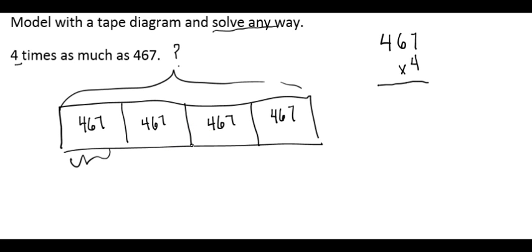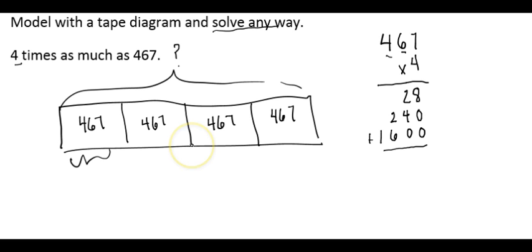I'll start with 4 times 7 is 28. 4 times 60, since the 6 is in the tens place, I know it's 60, is 240, because 4 times 6 is 24, times 10 is 240. 4 times 400 would be the same as 4 times 4, which is 16, times 100, which is 1,600.